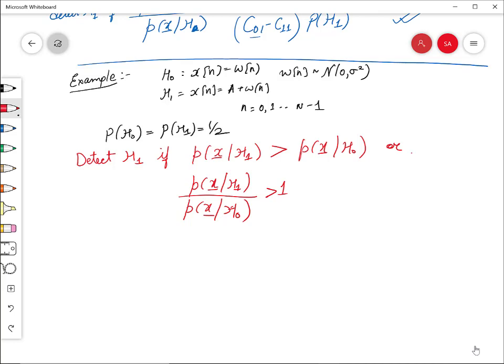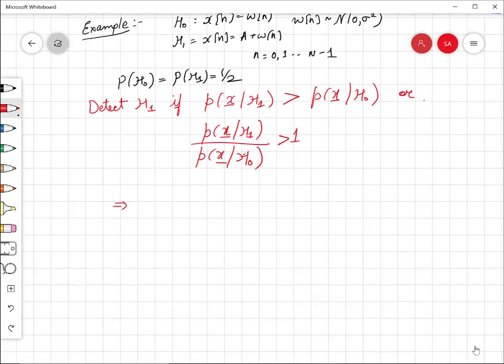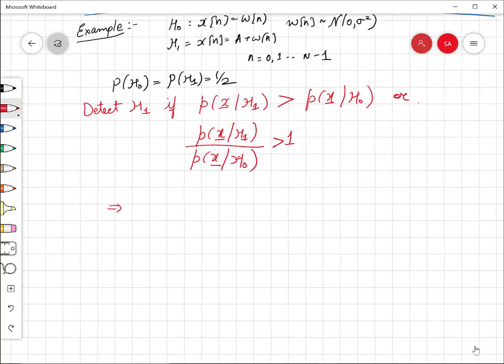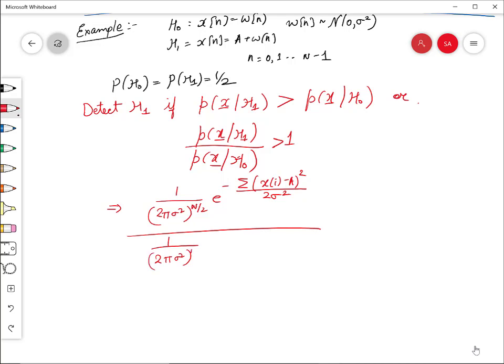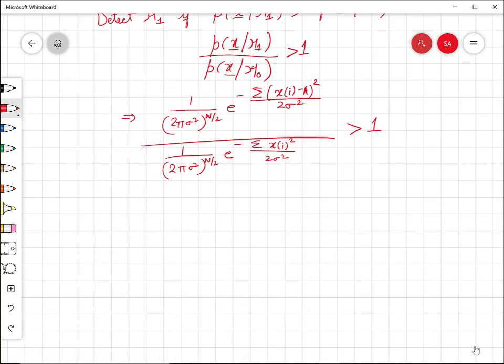Let me write these two probabilities. We have done this a lot of times earlier. So this will be 1 over (2 pi sigma square) power N by 2, e power minus summation (xi minus A) whole square over 2 sigma square, divided by 1 over (2 pi sigma square) power N by 2, e power minus summation xi square over 2 sigma square, is greater than 1.